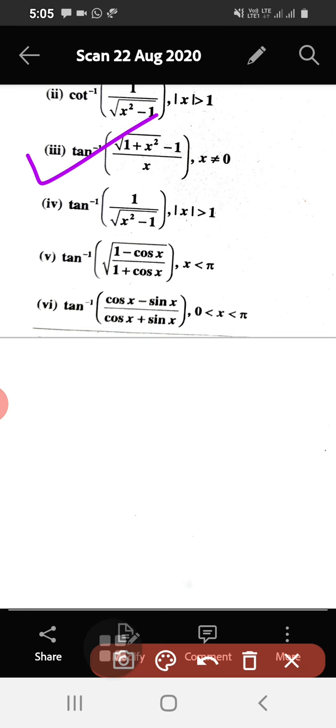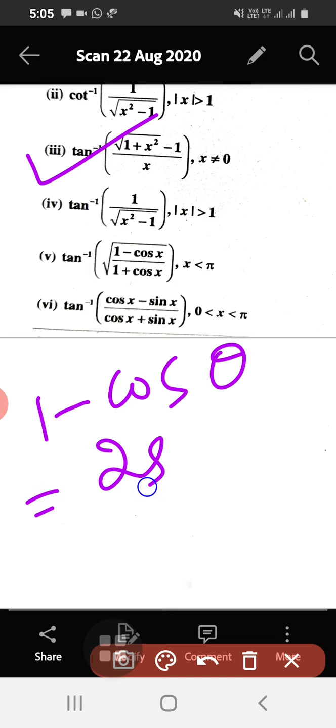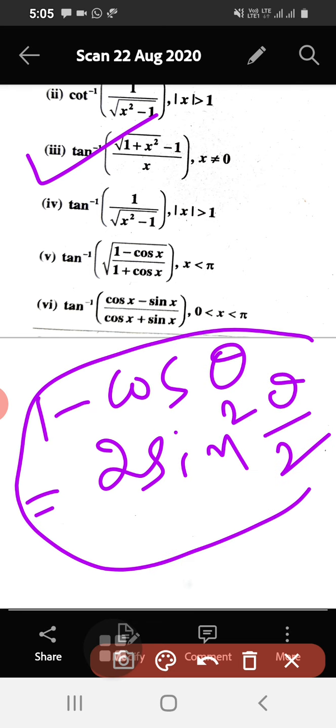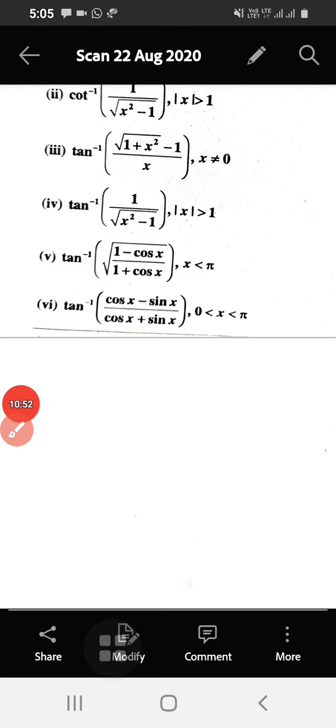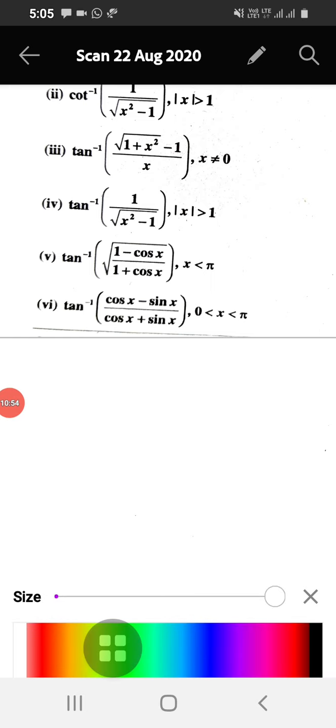So here what I have used in the solution were two important formulas. What are the formulas? You can write them separately. 1 minus cos theta is 2 sin square theta by 2, submultiple angle. 1 minus cos theta means I can write that as 2 sin square theta by 2. I have used this result, and another result is in the denominator I had sin theta.